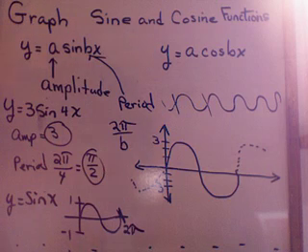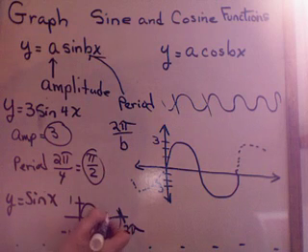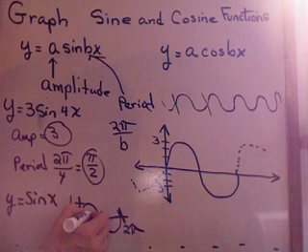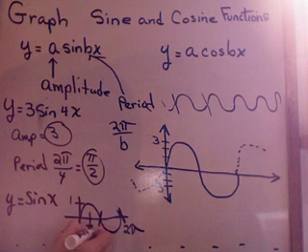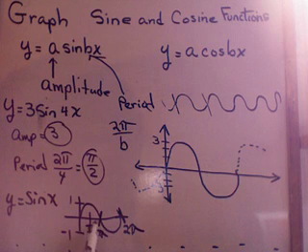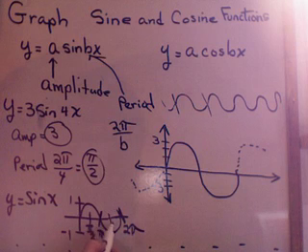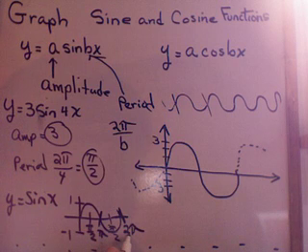So I'd like you to have 4 divisions when you set up your graph. So half of 2 pi would be pi. Half of that would be pi over 2. So if I count now, 1 pi over 2, 2 pi over 2, which is the same as pi. This one would be 3 pi over 2. This would be 4 pi over 2, which is 2 pi. That's the standard sine curve.